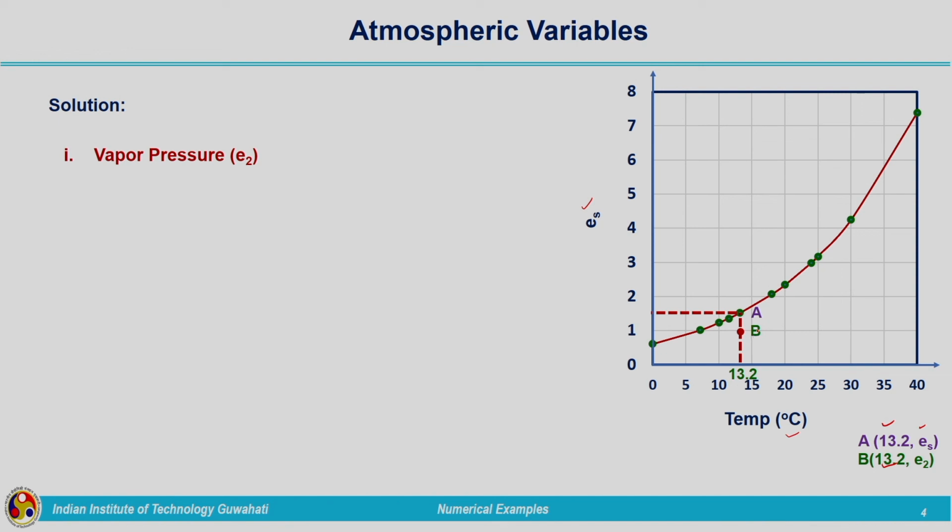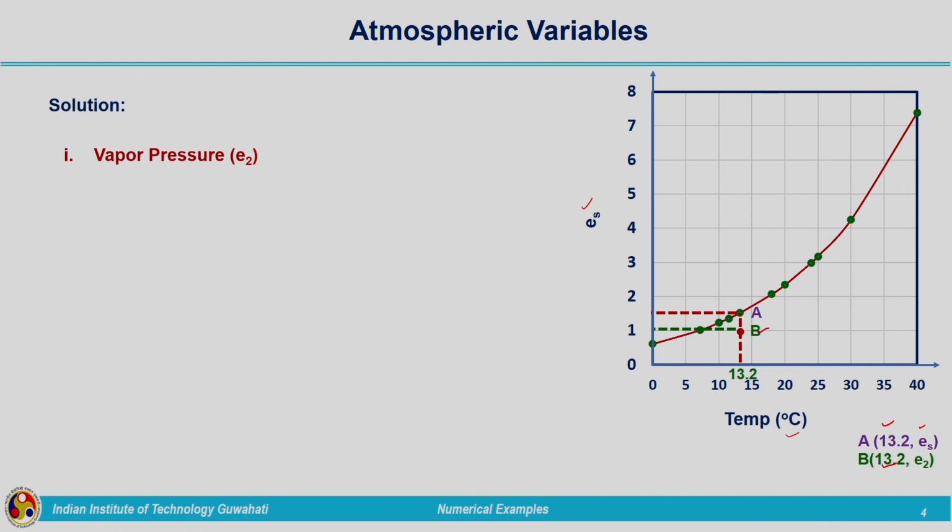So, at this particular point B, we have the temperature of 13.2 degrees Celsius and a vapor pressure of E2, that is vapor pressure at section 2. When we consider this particular curve, we do not have any relationship to calculate E2 other than the saturation vapor pressure. For calculating saturation vapor pressure, we have the exponential equation, or we can make use of this graph to get the values.